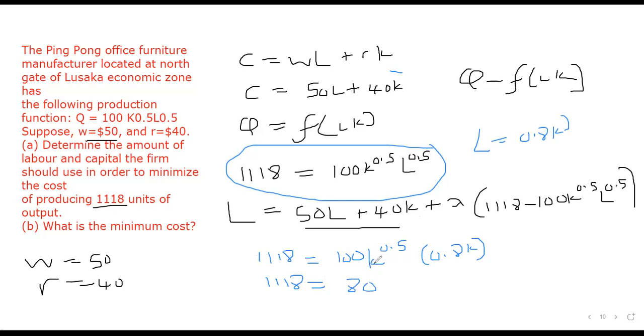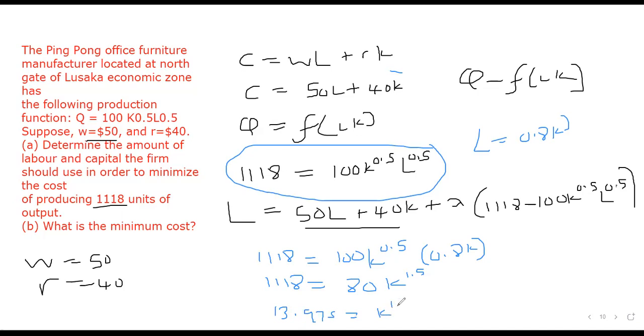Okay, K, you can add the indices there, there's a 1 there. So here we're going to have K^1.5. So 118 divided by 80, we're going to have 1.475.